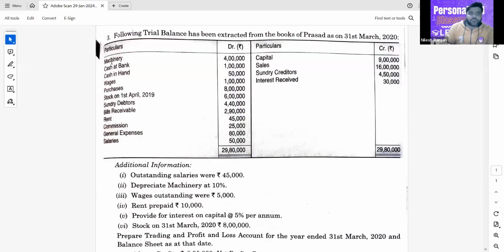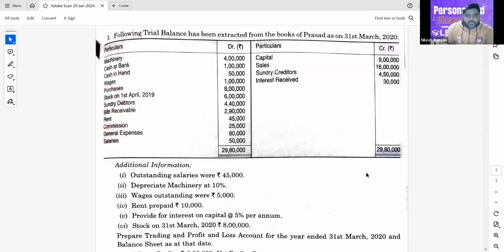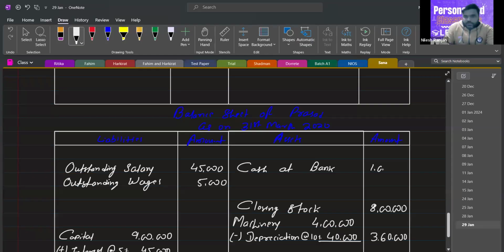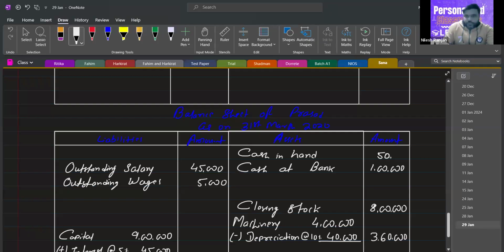Now we will start from here. The trial balance. Machinery is already covered. Cash at bank here. Cash at bank is 1 lakh. After that, there is cash in hand. Cash in hand is 50,000.